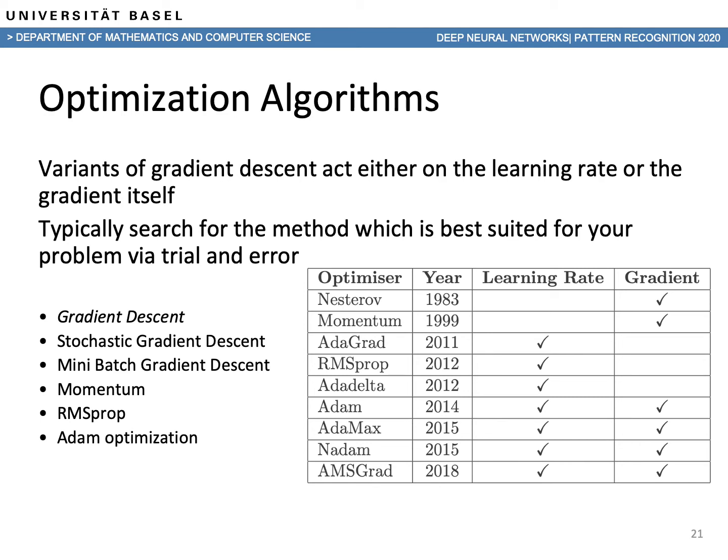And usually you would have to try out multiple methods here in order to find what actually works well for you. So now we'll just go over momentum, which works on the gradient, and RMSprop, which works on the learning rate, and Adam, which is a combination of these two, stabilizing both the gradient and the learning rate.